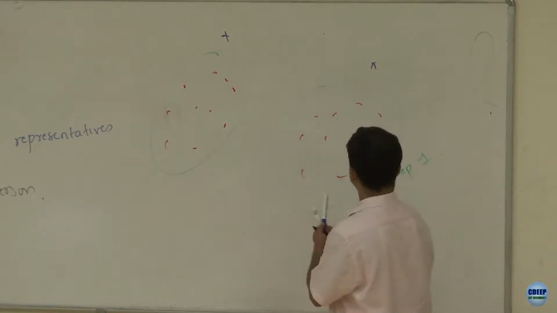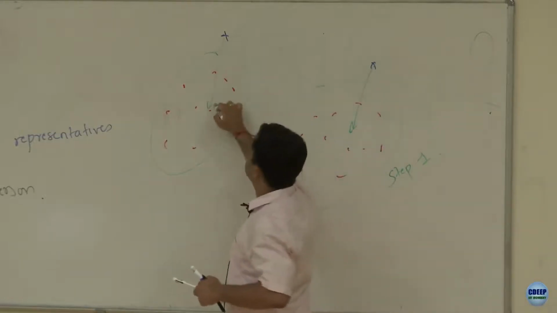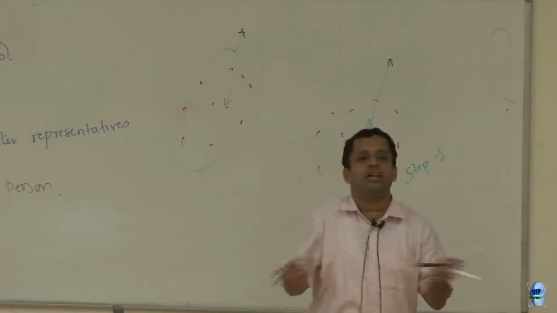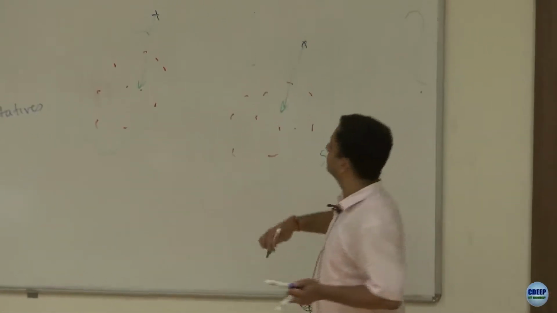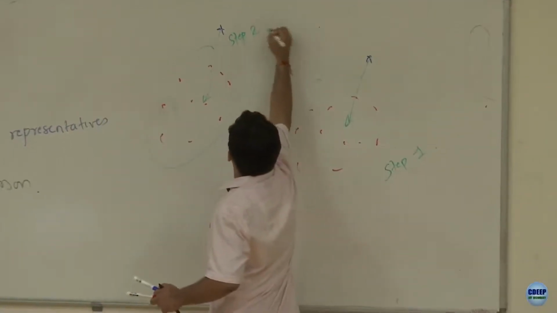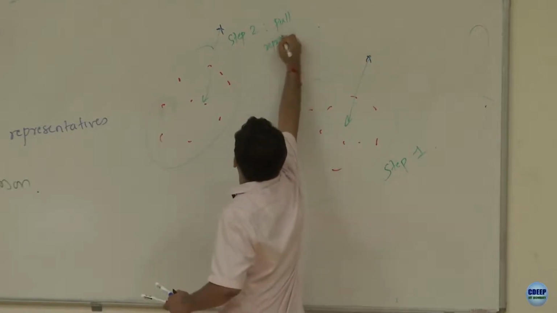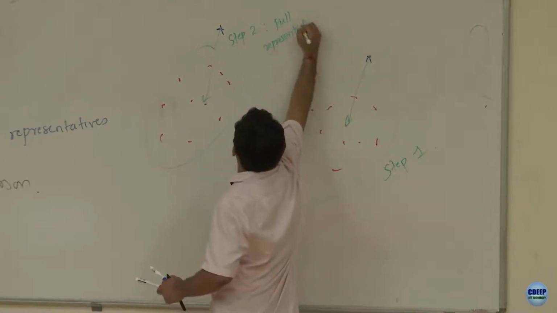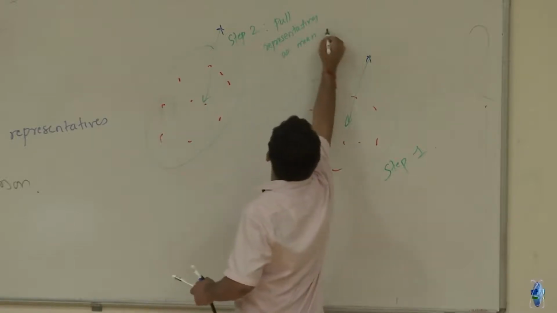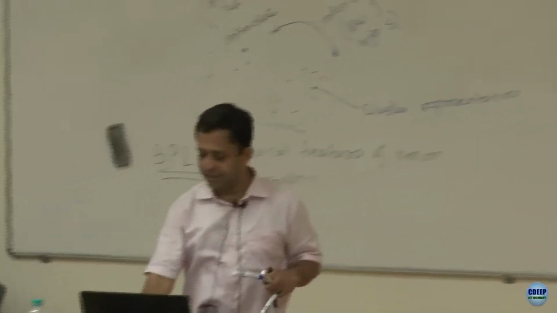Step 2 would be pulling the cluster representatives, say as a mean of all the points in that cluster. That's the iterative process.